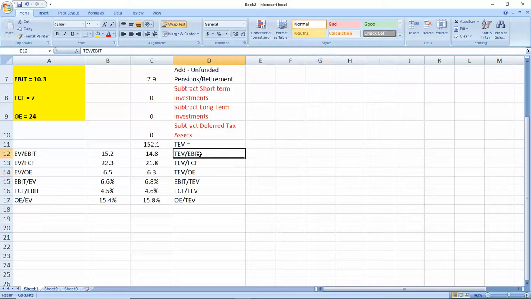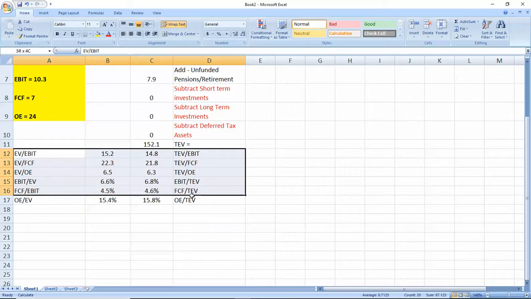We want to look from an operational perspective, which is what EBIT is. We want to get a free cash flow perspective, which is all the money left over after everything, including capital expenditures and taxes. And from an owner's earnings perspective, we want to figure out how profitable the potential investment could be, and how undervalued, overvalued, or fairly valued the company is, at least on a relative basis. That's all we're trying to figure out here with all these numbers.